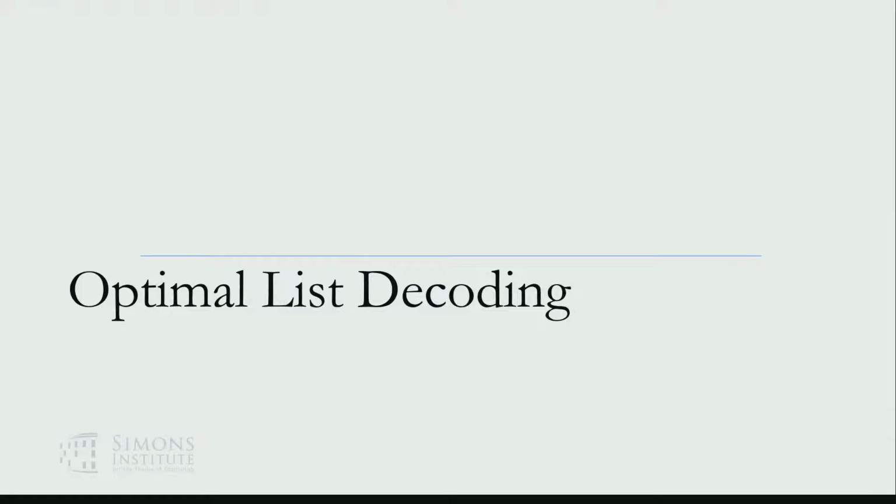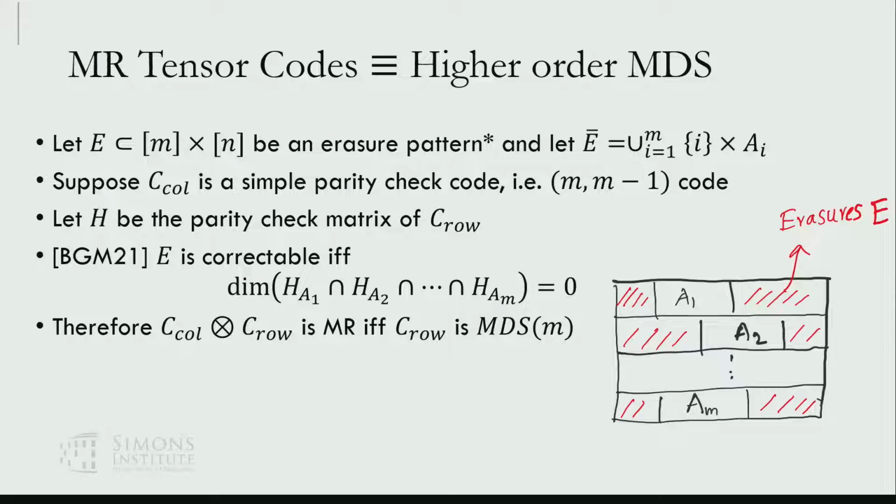Can you say why this is true? This E is correctable if... it's not hard to see. Let me see if I can show that. This is A1, A2, and so on.